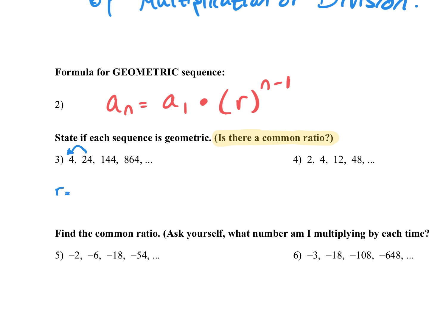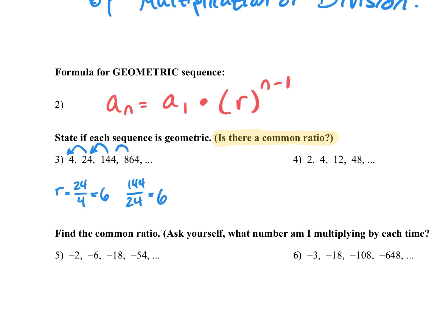So here we would say r would be 24 divided by 4. And if you don't have a calculator, I highly suggest you get one because you're going to need it for these. But 24 divided by 4 is 6. Well, that should hold true for every single one of these, right? So then we've got to check the next one. Well, what is 144 divided by 24? Does anybody know? 6.